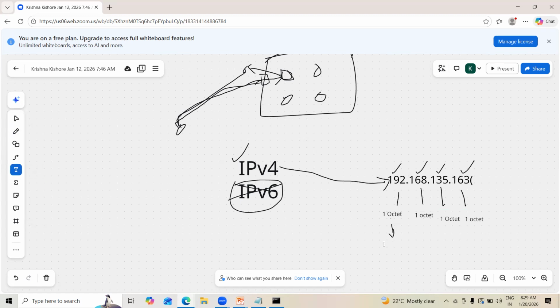Everything is 8-bit only. This is also 8-bit, this is also 8-bit, this is also 8-bit. One octet means 8 bits.